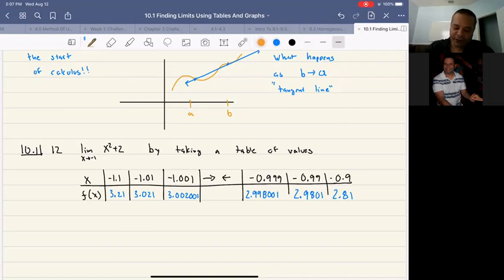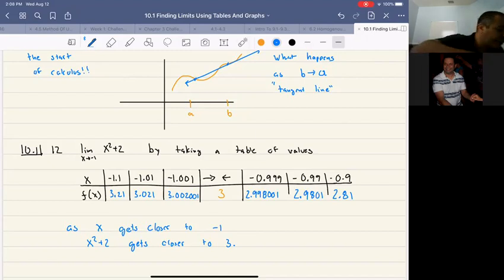So what we're saying here is that as x gets closer to -1, x squared plus 2 gets closer to 3. We're providing a language that's actually more flexible than our usual functional notation.